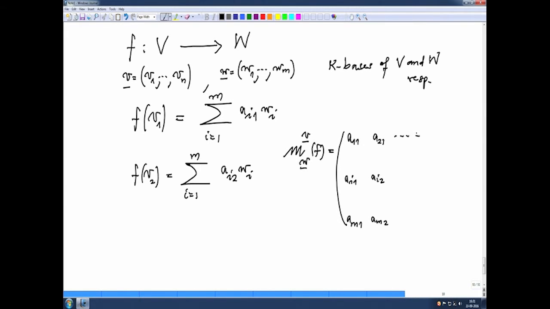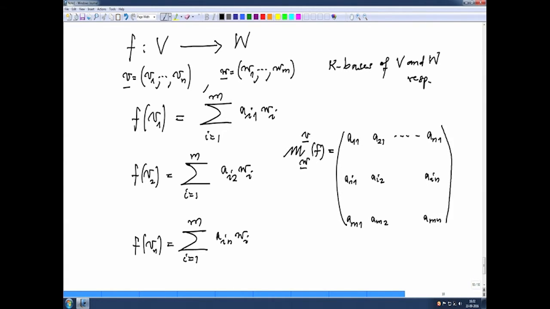The last one will be f of vn, the summation from I equal to 1 to m of ain wi, giving a1n, a2n, ain, amn.